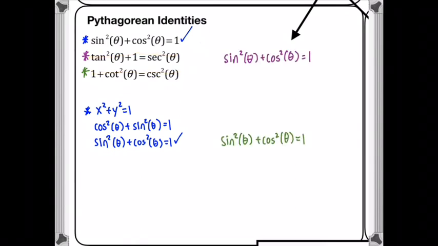Okay, so to prove the property tangent squared theta plus 1 equals secant squared theta, we start with just the simple sine squared plus cosine squared equals 1. And we think, okay, how do I create a tangent?